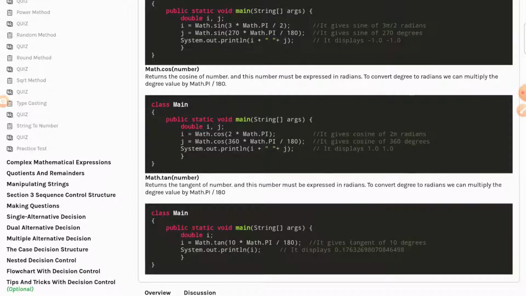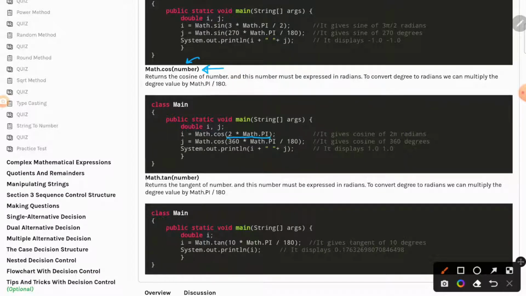The next one is math.cos, and again all these functions are very similar. All you have to do is to pass a parameter, use the import statement, use the function math.cos or math.sin, pass the number. You can see the format I have already mentioned here, that you use math.cos. This function expects just one parameter and it will give you the value. That parameter is basically a value in the radian.